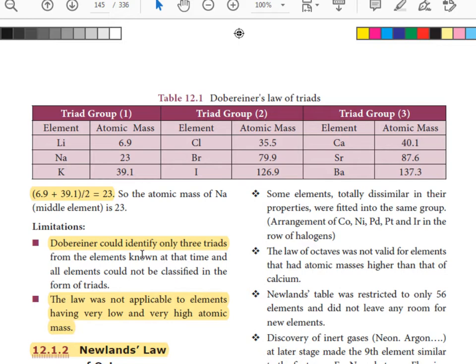So I will show it in the table, it will be easy to understand. Here is Newlands' table of octaves. Here hydrogen, fluorine, chlorine, and so on are arranged. After 7 elements, lithium should come again. Both of them have the same character. This is what is said in the law of octaves. So each and every element, after 7 elements, the 8th element must be similar: hydrogen, lithium, boron, oxygen, fluorine, sodium, magnesium.